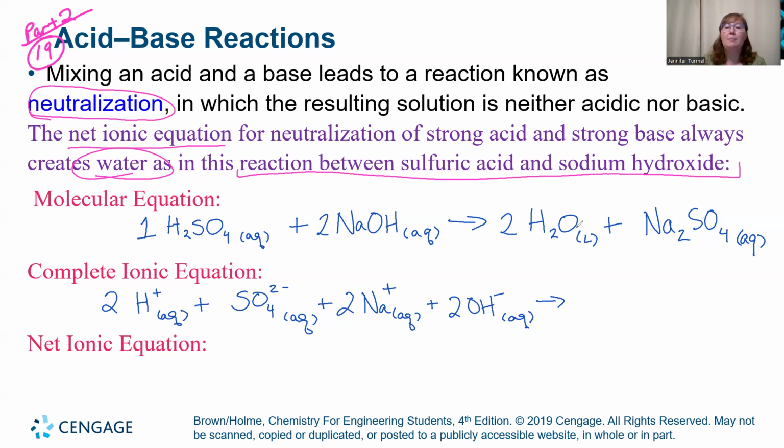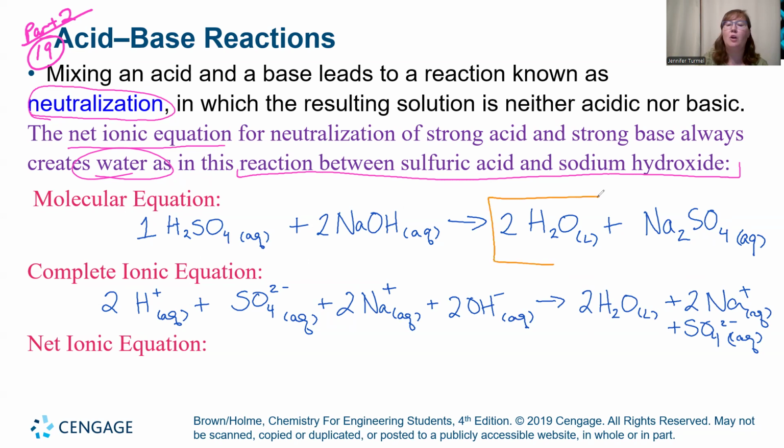And when I balance it, notice that the water is together. It's not aqueous, so that has to stay together. And then I have two sodium ions here. Oh, I have run out of room. So I also have one sulfate ion below. Okay, let's take a quick moment here.